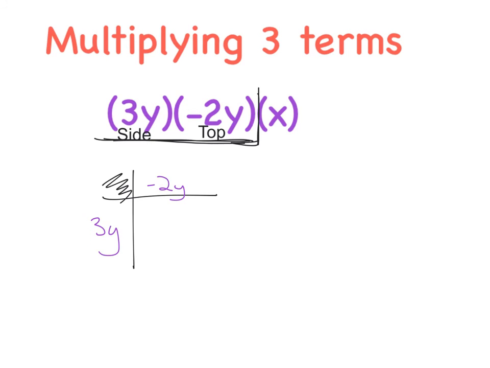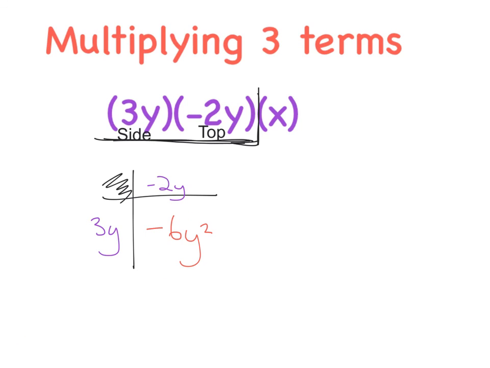I have a plus by a minus, gives me a minus. 3 multiplied by 2 gives me 6. And y multiplied by y gives me y squared. So when the first 2 are multiplied, we get minus 6y squared.